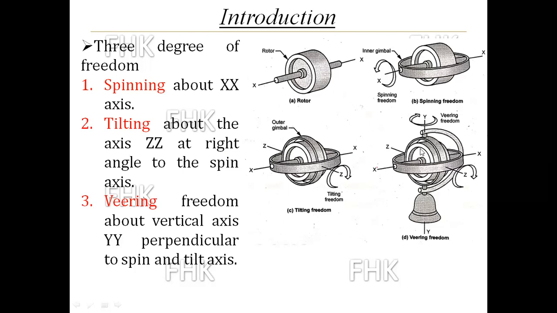Third one is a weaving freedom, where the rotating mass is rotating about the zz axis, and at the same time it is rotating about the third mutually perpendicular axis yy, and that yy axis is called a weaving freedom. Remember that these three axes on which the rotor is rotating are mutually perpendicular to each other.